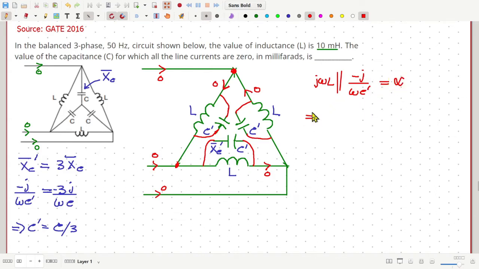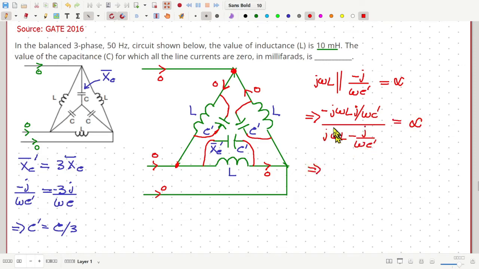That means the product of J omega L and minus J by omega C prime divided by J omega L minus J by omega C prime is equal to infinity. So the denominator here should be equal to 0.